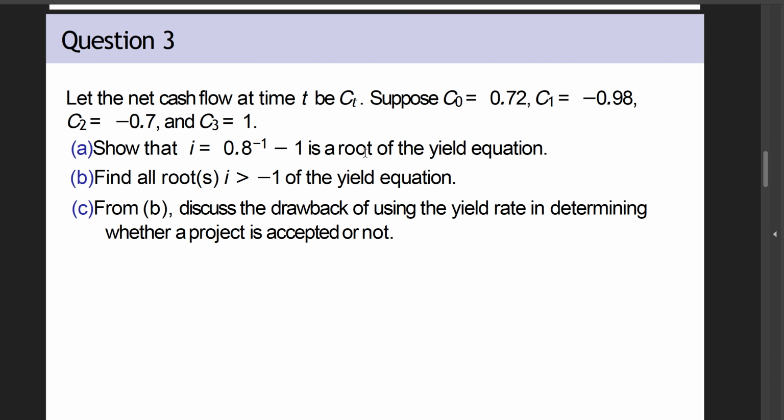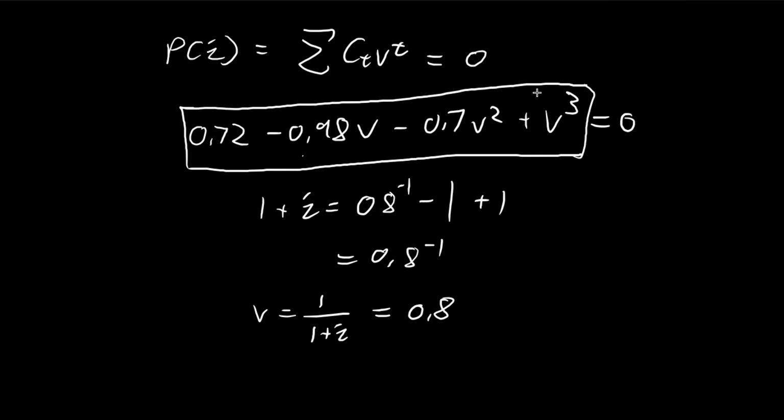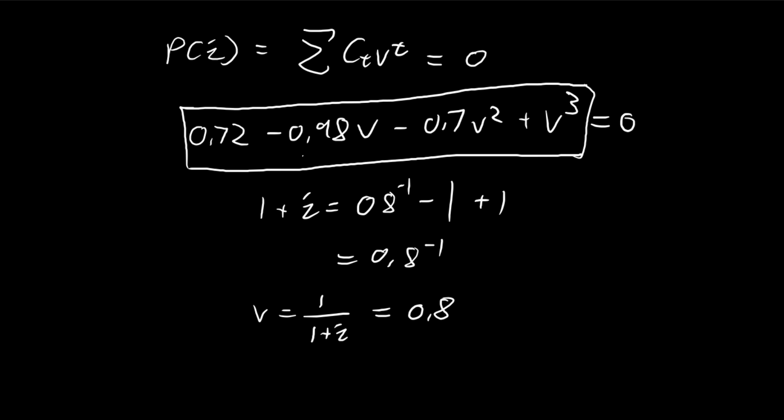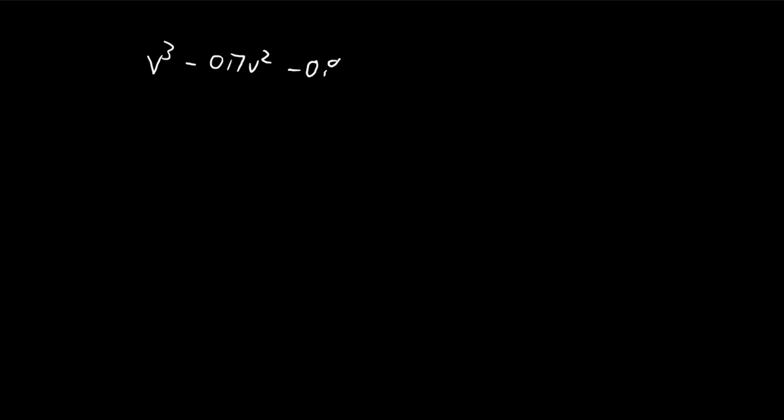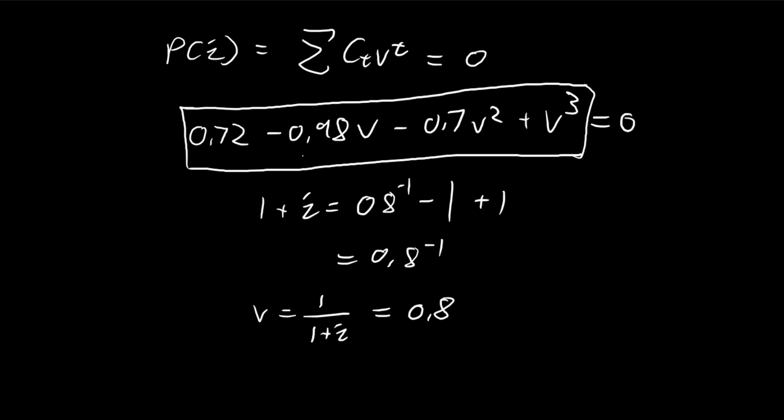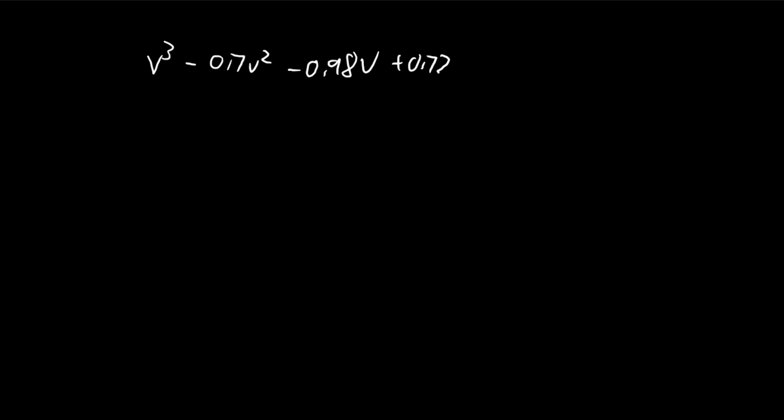So for part B, we need to find the other solutions to the yield equation, so all the roots where i is larger than negative 1. In order to find the other roots, we're going to have to factorize this polynomial. So let us just copy out what we have: minus 0.7 v squared minus 0.98 v, and then plus 0.72.